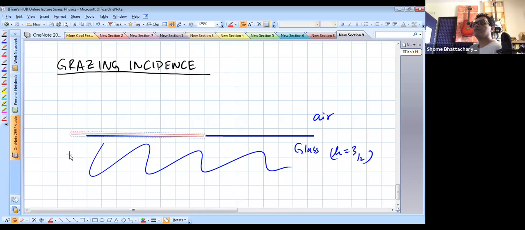So they are incident at a point like this, and this is what is called a grazing incidence. For the ray which is incident now, the angle of incidence is tending to 90 degrees. So this is what is called grazing incidence.